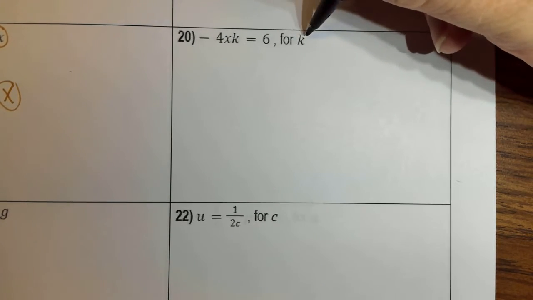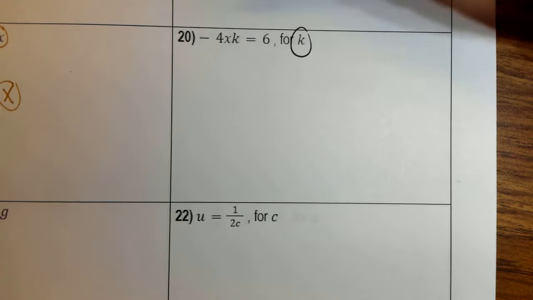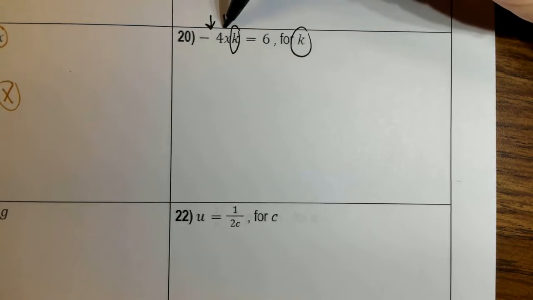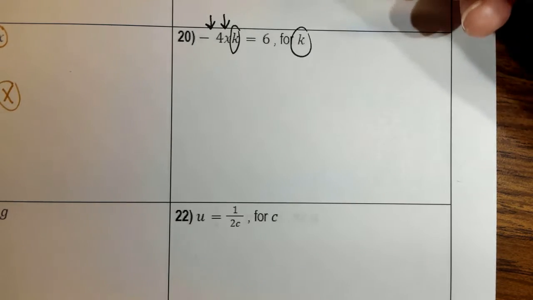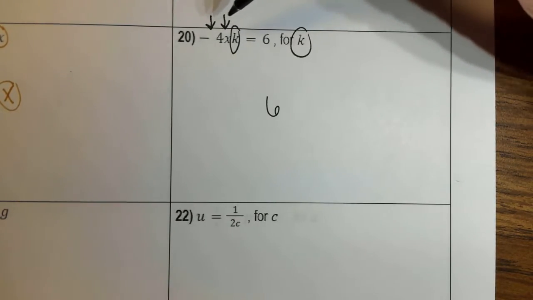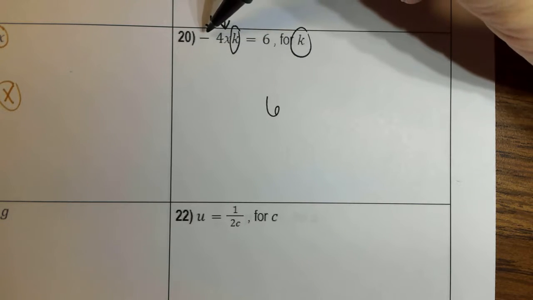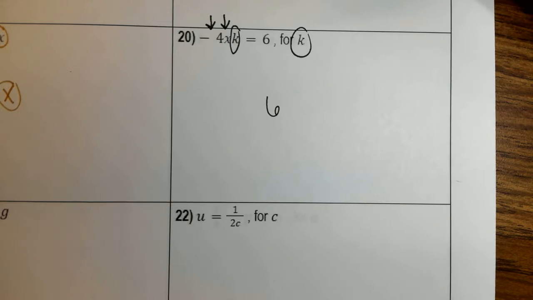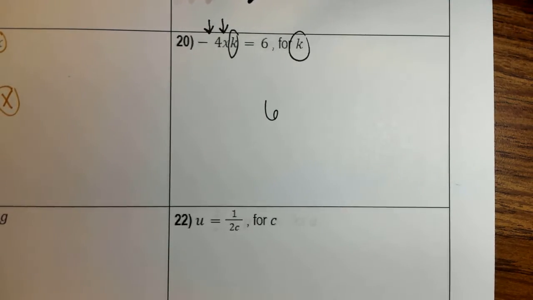All right, 20. I want to get k, and here's k. So I need to get rid of -4 and x. Okay, I'm going to start with 6. That's my other side. And look, because this is -4xk, notice there's no plus or minus in between any of these. That means they're all multiplied, right?